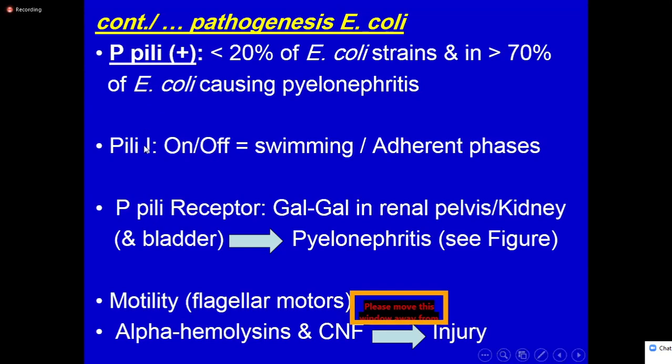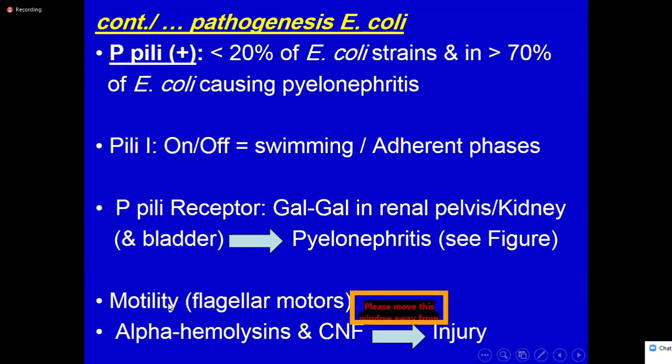Type I pili are on and off, sometimes expressed, sometimes not expressed, used by the microorganism for swimming and attachment, adherence. The P pili receptor, as I said, is galactose, which is present in the renal pelvis, that is to say the kidney, in the bladder and in the ureter, and they may cause pyelonephritis in the kidney.